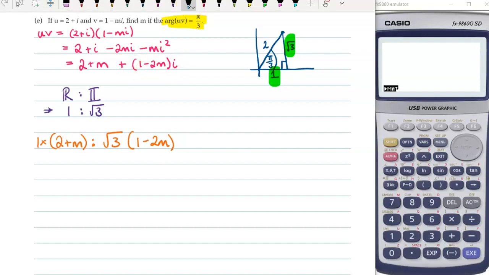Another way to think about it is saying the imaginary part is √3 times bigger than the real, which means that our real part being 2 plus m, if we do that times √3, will be equal to our imaginary part of 1 minus 2m.